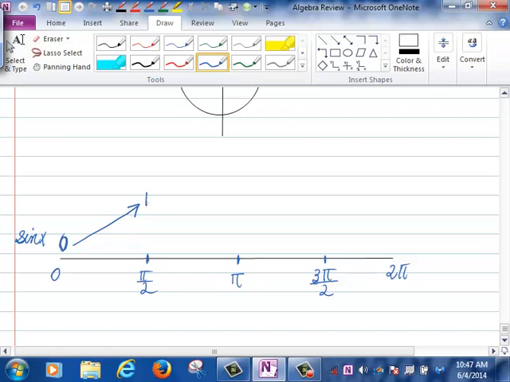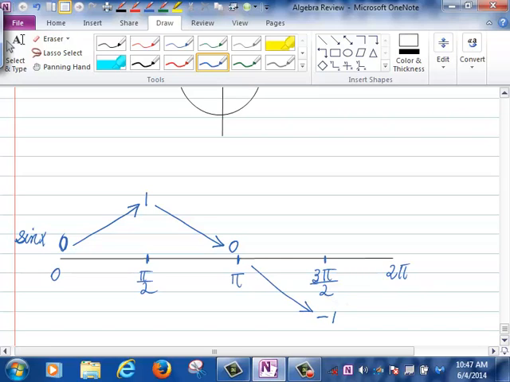Now as you go from pi over 2 to pi, what's happening? It decreases to 0, because sine pi is 0. From pi to 3 pi over 2, it's decreasing from 0 to -1.